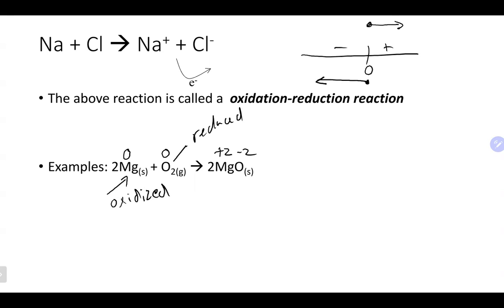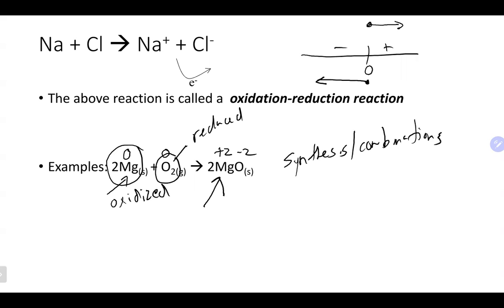So again here, this reaction could be classified under the big umbrella of redox. It also, as you can see, is basically two things that make one thing, so it could also be classified as a synthesis or combination reaction because of that. Any questions on that there?